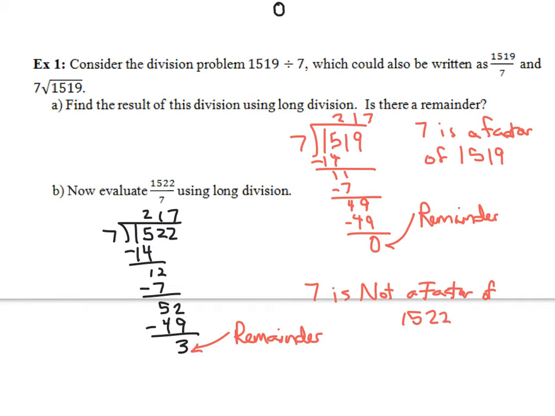So we're going to use that idea as we move on to polynomial division. It's really important to take a look at the remainder, and if there's no remainder, then I know that my divisor was a factor of the dividend. If there's a remainder that's not 0, then that tells me that I do not have a factor of the dividend.